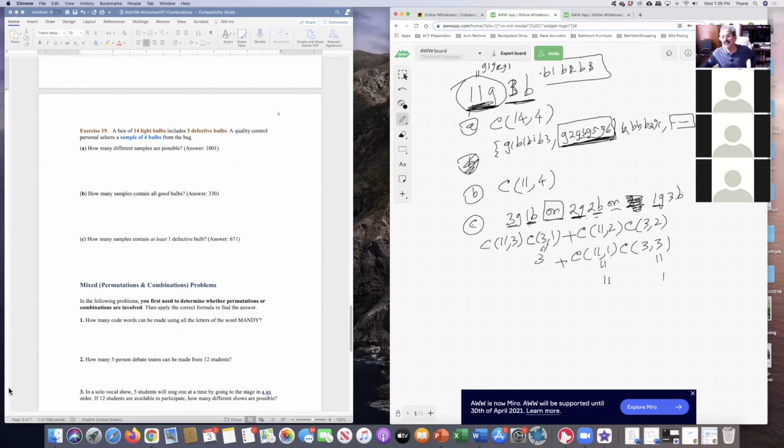By any chance, during the exam, are we not allowed to use our notes? Yeah, you're not allowed to use notes. You have to memorize all those formulas. You're not allowed to have anything in front of you. Only scrap papers and pen and calculator.